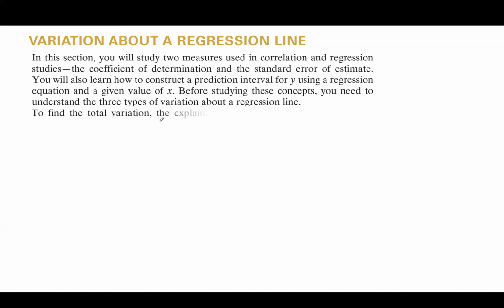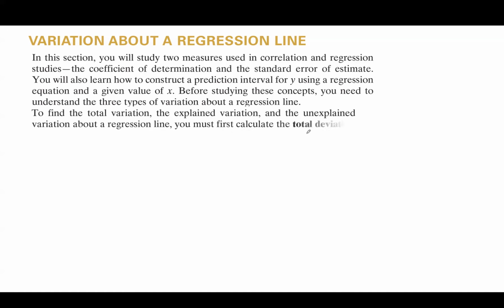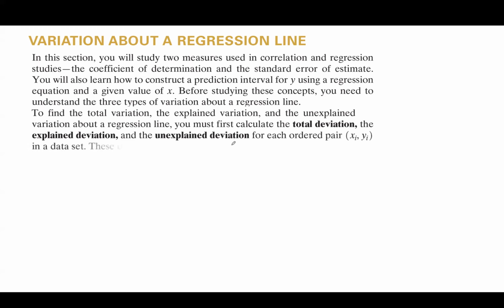To find the total variation, the explained variation, and the unexplained variation about a regression line, we need to calculate the total deviation, then the explained deviation, and finally the unexplained deviation. We have formulas for each one of these.